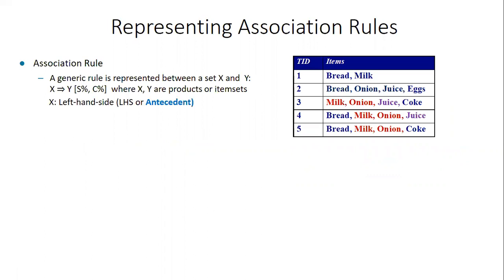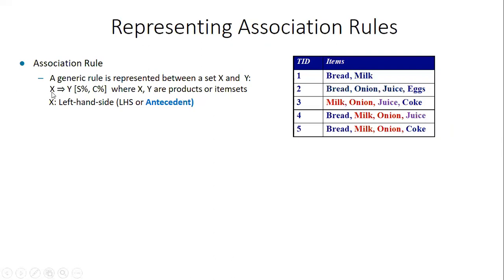Next, we will be discussing the association rule and the metrics of the association rule. How to write the association rule? The general syntax of writing the association rule is like this: X tends to Y, with S% and C%. It can be a single line or double line arrow, no matter. S% we call support, and C% is the confidence that we are going to discuss now. Here X and Y are products or item sets.